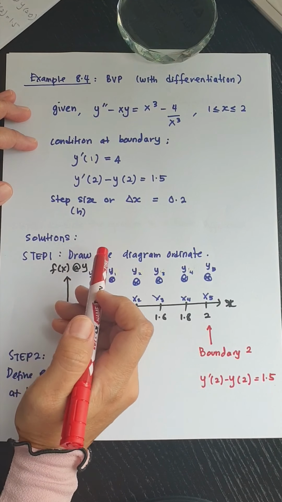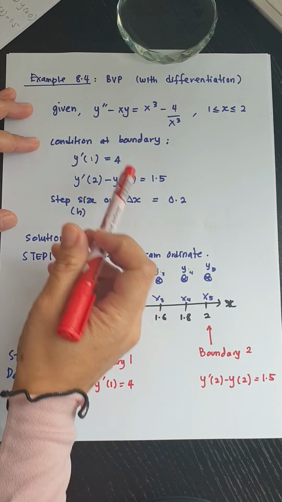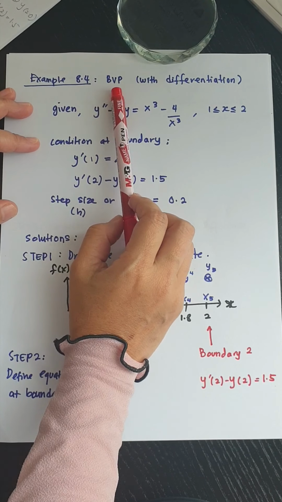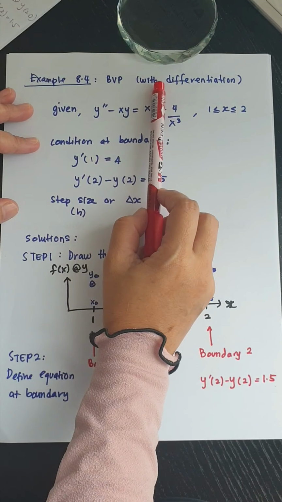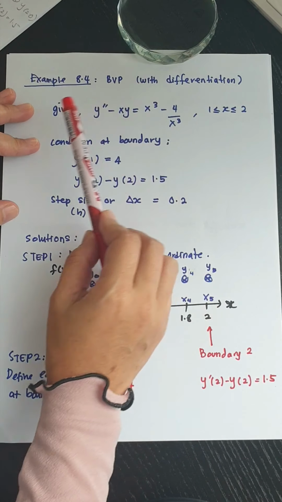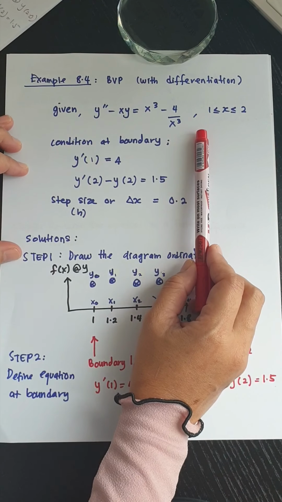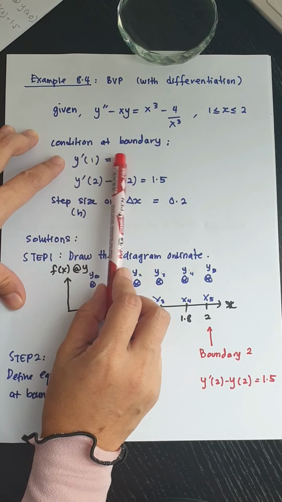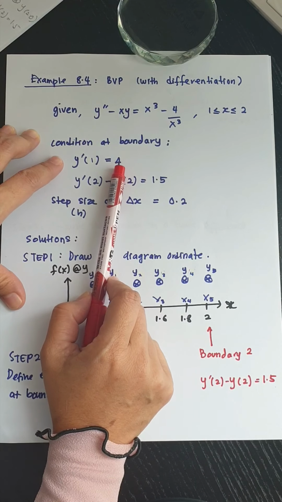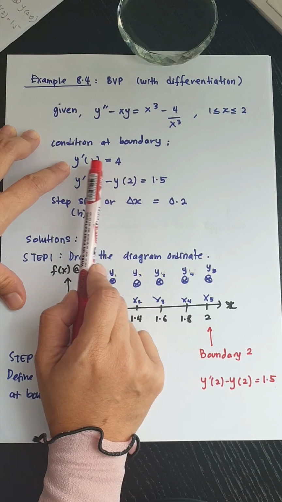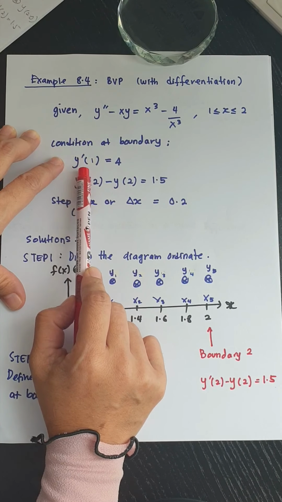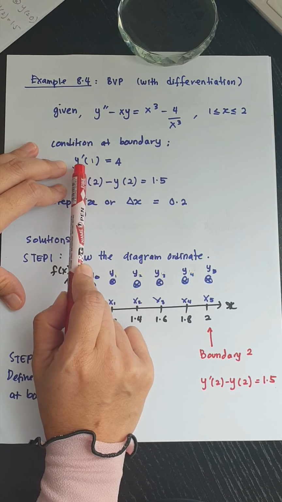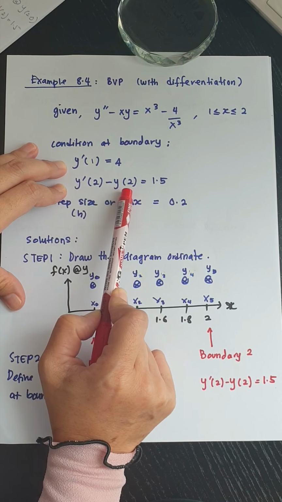Okay, hi. So now we're going to continue on chapter 8, but this time I will explain the boundary value problem using the derivative method. Basically, in the derivative method, the condition at the boundary is not given as a fixed number, but it will be given in a derivative formula or derivative equation at the first boundary and at the second boundary.